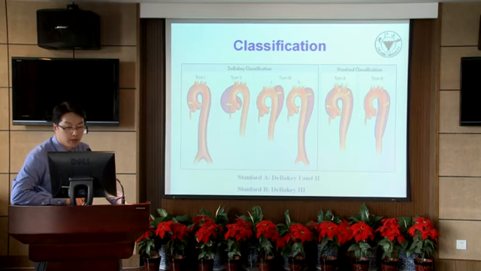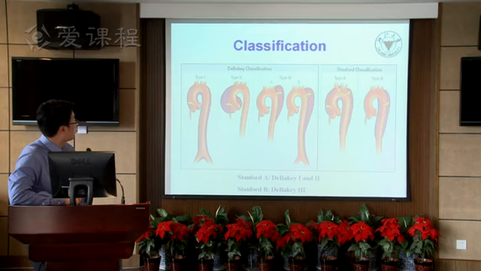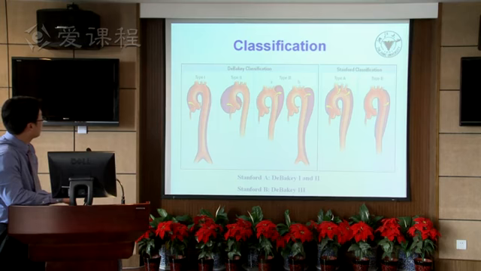Classification. There are two kinds of classification in clinical practice. One is the DeBakey classification. Type 1, type 2, type 3. In type 1, the intimal tear is on the ascending aorta and the separation extends to the iliac artery.